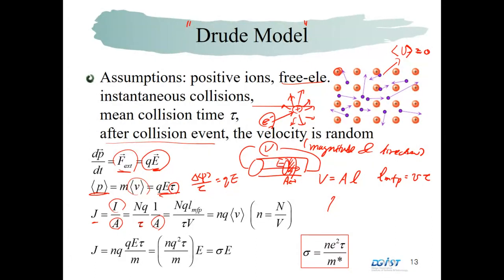With this relation, we replace A by the volume and the mean free path. The small n is defined as the charge carrier density, the number of charges divided by volume, and we have such a relation with L, the mean free path, divided by tau. So the charge current density J can simply be written in this form.